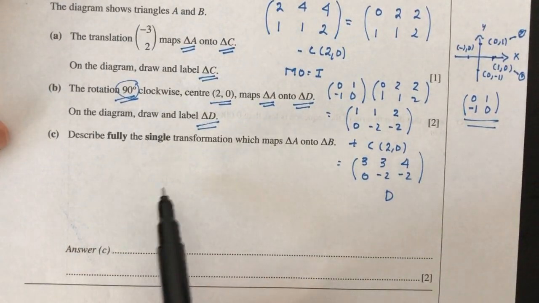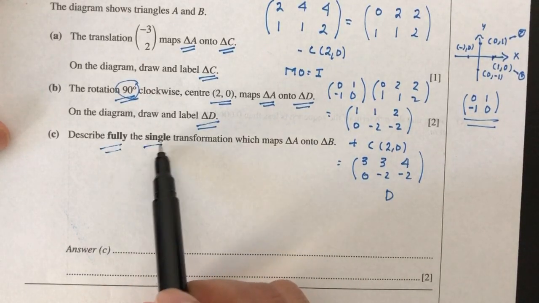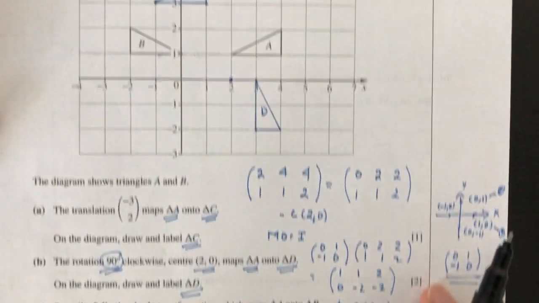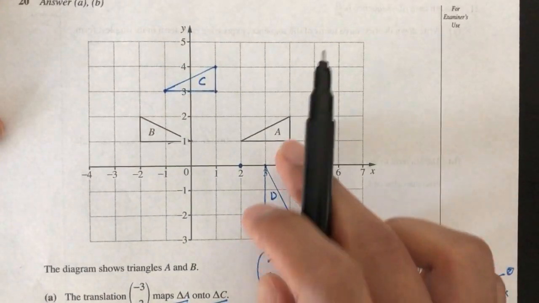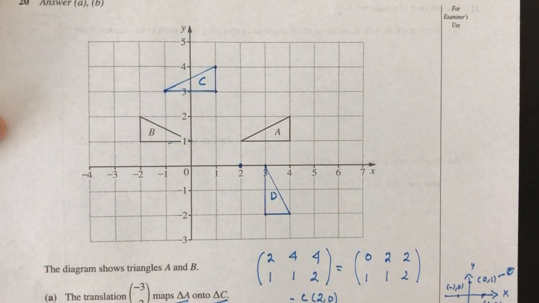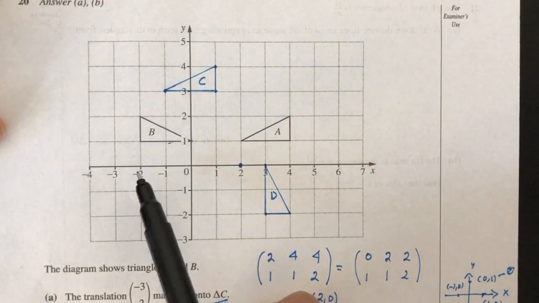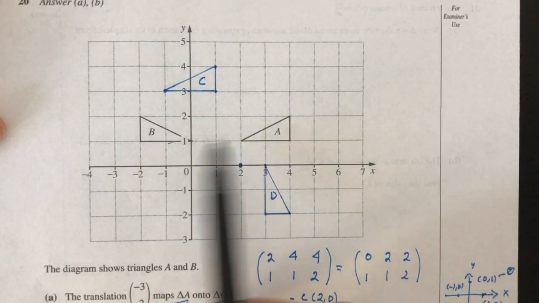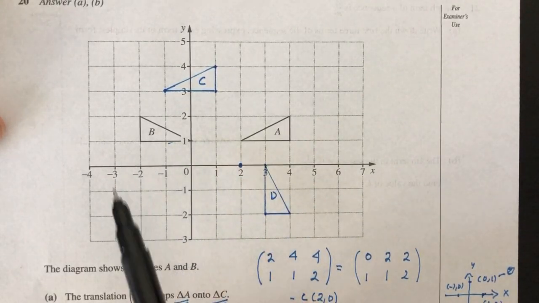So now for part C, describe fully the single transformation which maps A onto B. So as you can see here, triangle A onto triangle B. This one cannot be enlargement because the size is the same. It cannot be translation because the direction has changed.